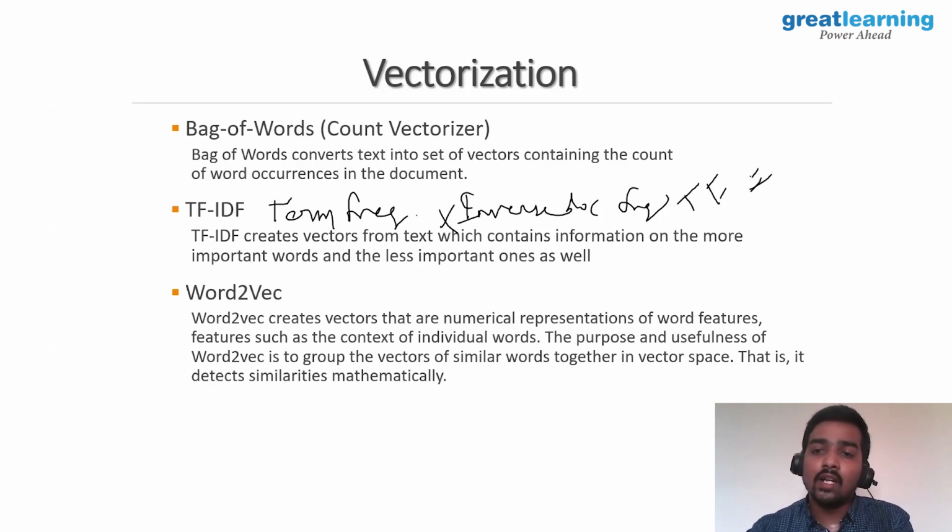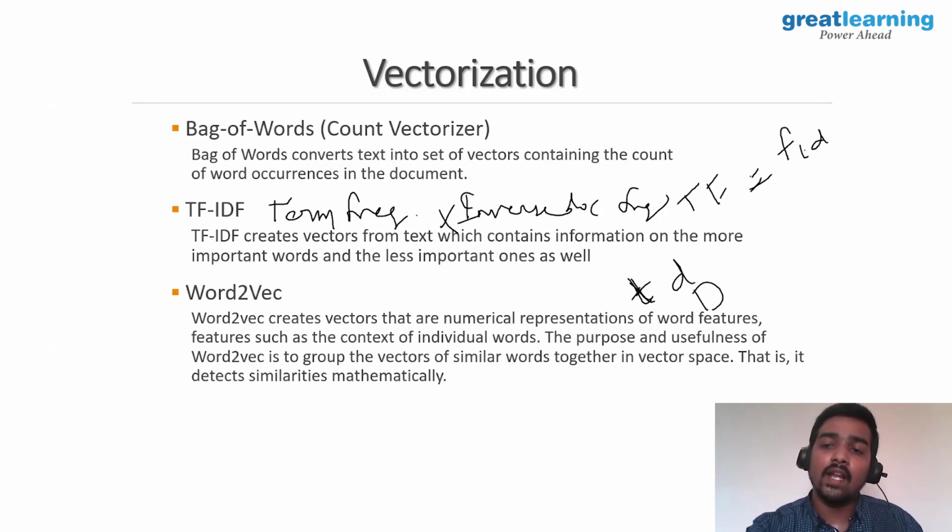We represent the document with the letter d and the term with the letter t, and the corpus of documents with a capital letter D. The term frequency will be nothing but the frequency of term t in a document d, divided by the sum of all the terms which have appeared in the document, the frequency of all the other terms.